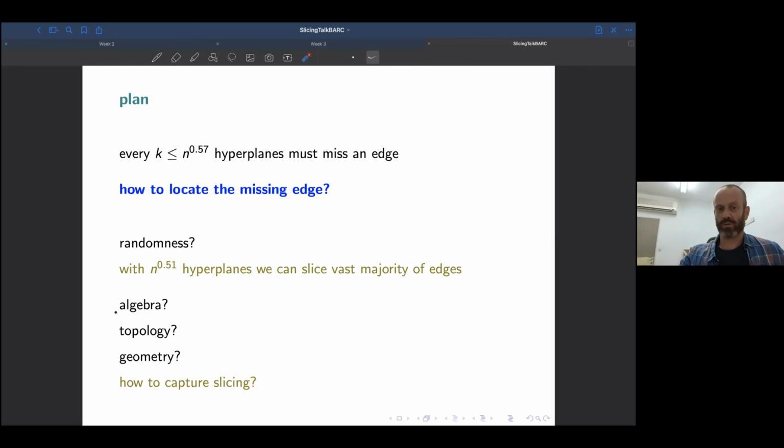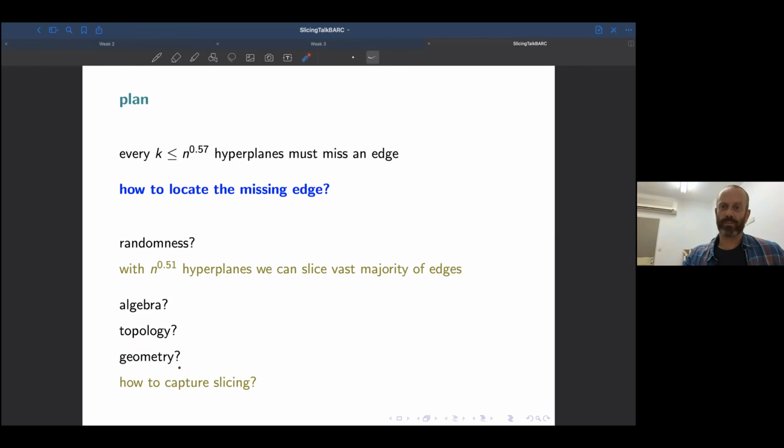I couldn't find a real algebraic way to even encode the problem. We can try to use topology. We couldn't find any way to use topology, although this may be an option. And eventually we came up with geometry, and now I want to tell you how the geometry can help to do something non-trivial.